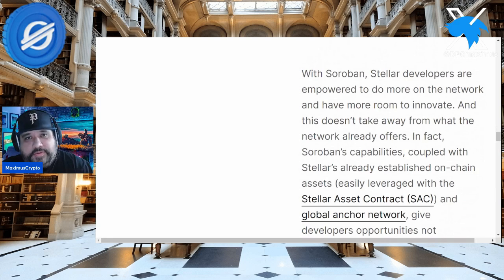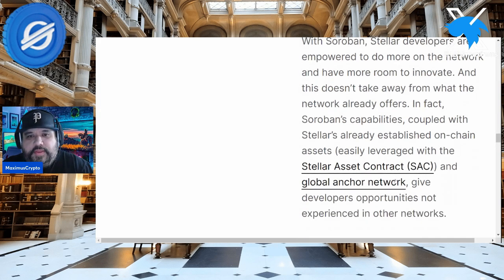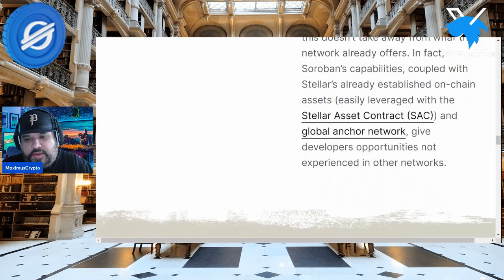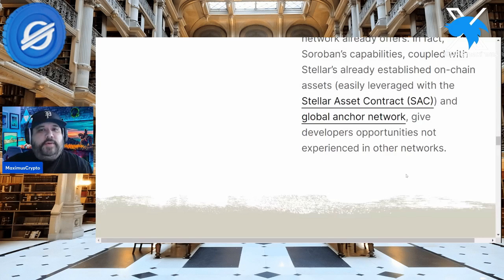With Soroban, because we're always talking about that, Stellar developers are empowered to do more on the network and have more room to innovate. And this doesn't take away from what the network already offers. In fact, Soroban's capabilities, coupled with Stellar's already established on-chain assets, easily leverage with Stellar Asset Contract and Global Anchor Network.